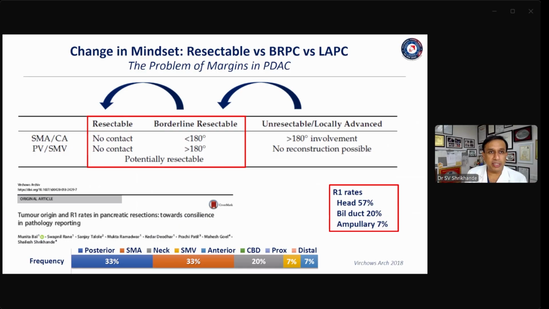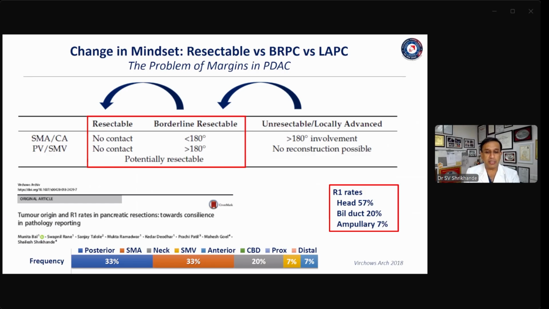We also have a change in mindset, both in radiology and in the minds of surgeons, not just medical oncologists. You can see this from one of our earlier studies where we evaluated 181 pancreatic resection specimens.